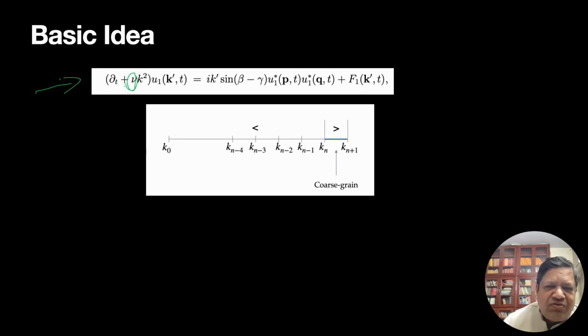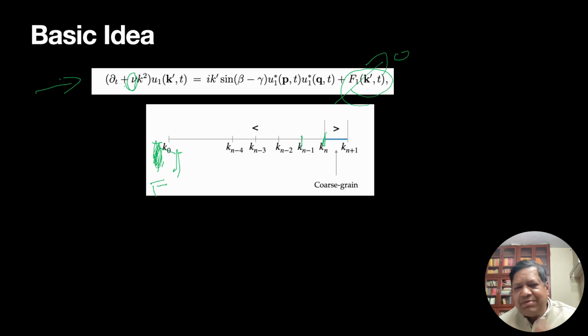Let's focus on this idea more carefully. We'll assume that my forcing is somewhere here. When I focus on this wave number, this f1 is 0, so this is gone. Now, this is a pretty tricky part.